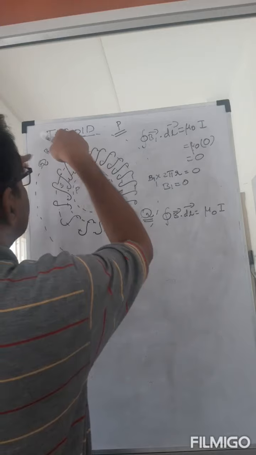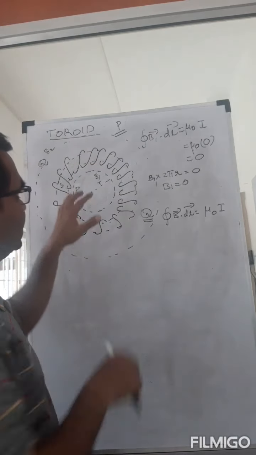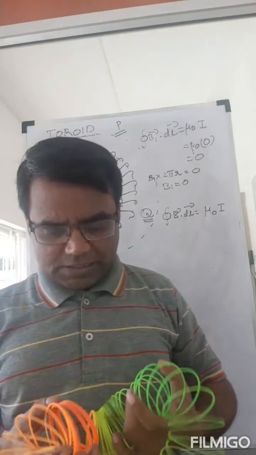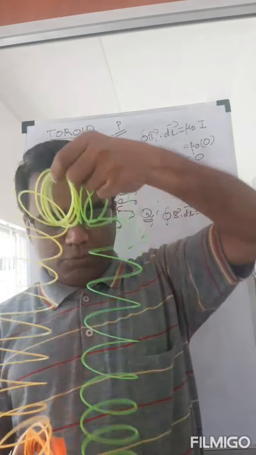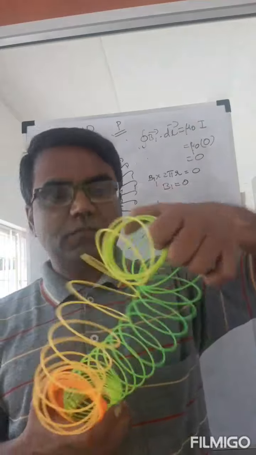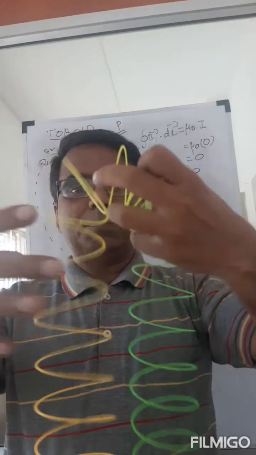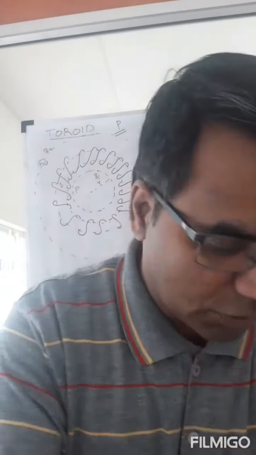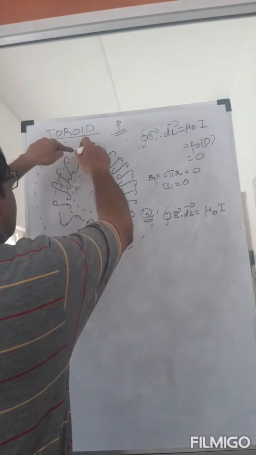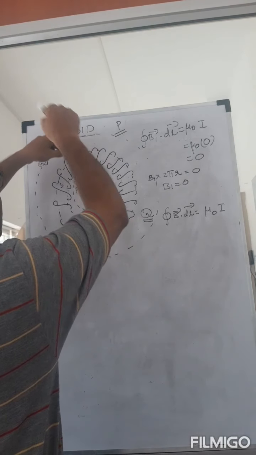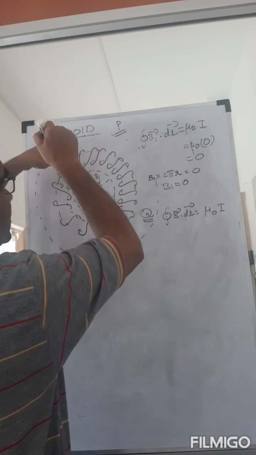Then what is the current which is piercing that surface? The total amount of current. Look here, both this part and this part will pierce the surface, right? As this pierces the surface and this also pierces the surface, current goes in and current comes out.